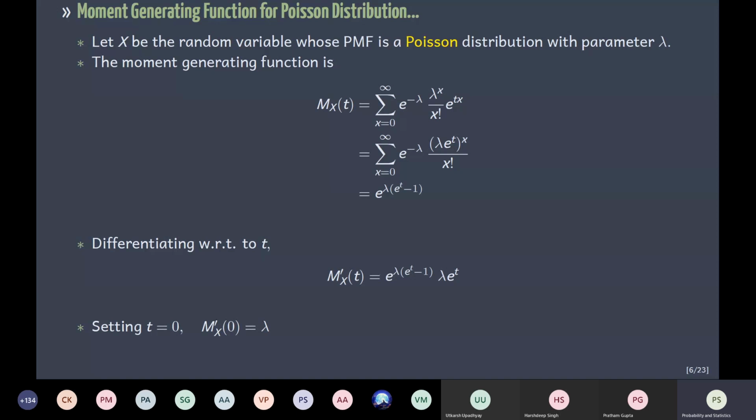If I set t equals to 0 here, then I get the expected value. We know that the expected value for a Poisson random variable is lambda. So the moment generating function can be used.